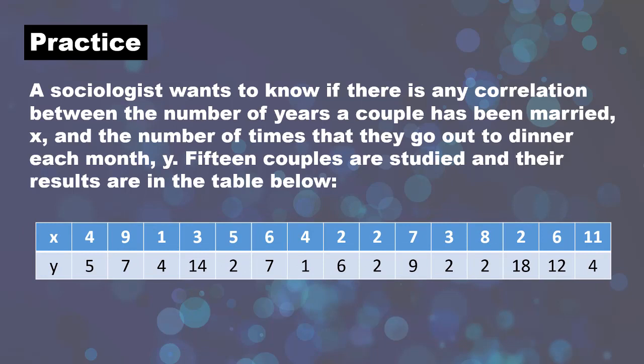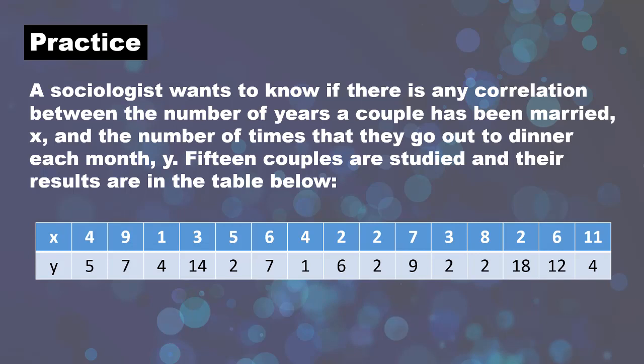We have a couple that's been married 4 years, and they go out 5 times a month, 9 years with 7 times a month, 1 year with 4 times a month, 3 years with 14 times a month, 5 years with 2 times a month, 6 years with 7 times per month, 4 years with 1 time per month, 2 years with 6 times per month, 2 years with 2 times per month, 7 years with 9 times per month, 3 years with 2 times per month, and 8 years with 2 times per month, 2 years with 18 times per month.